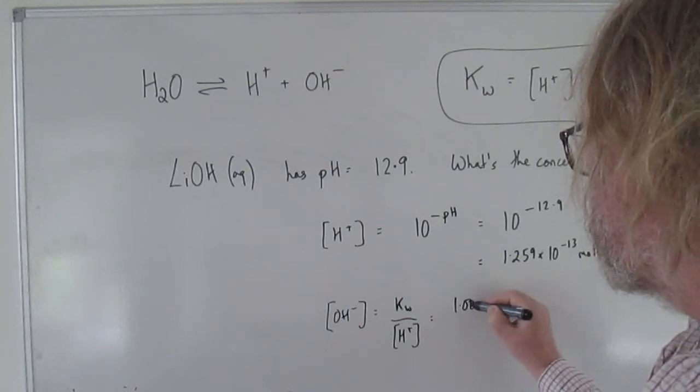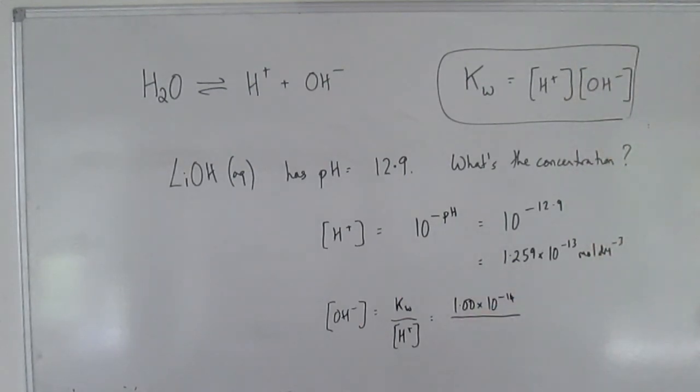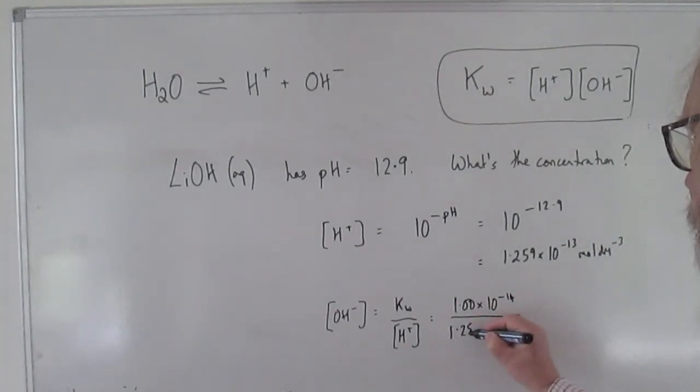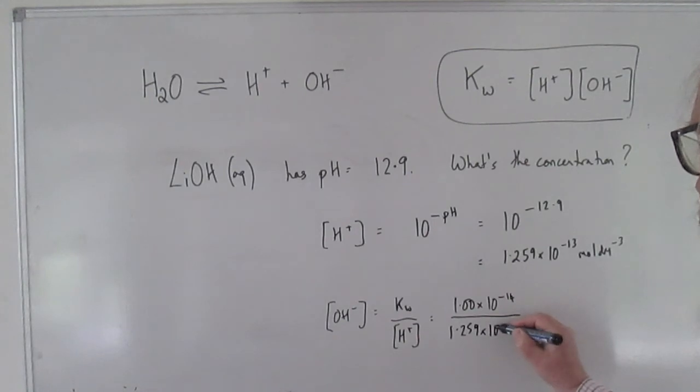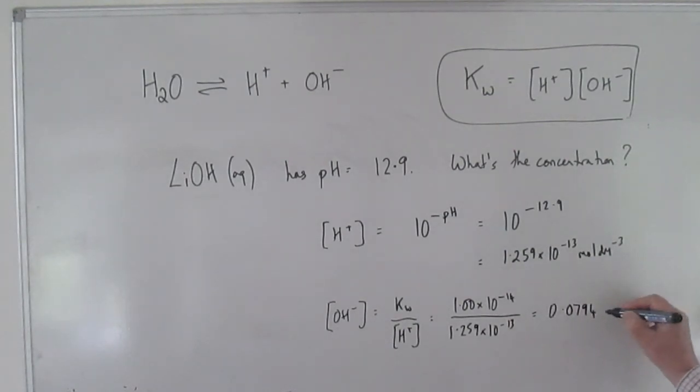So again, we use this and just rearrange it to get OH- is equal to Kw divided by H+, which is 1 times 10 to the minus 14 divided by this number that we've just calculated, 1.259 times 10 to the minus 13 moles per dm cubed, and that works out as 0.0794 moles per dm cubed.